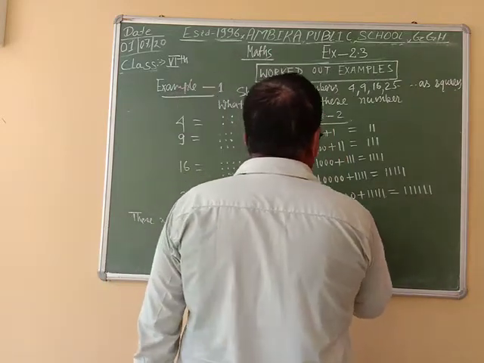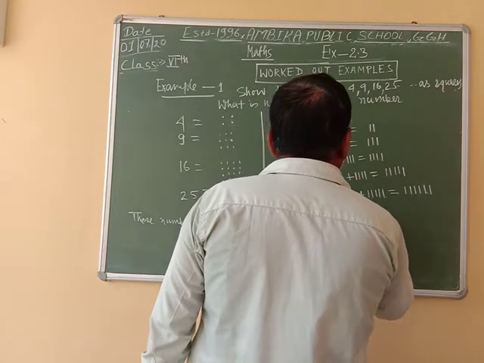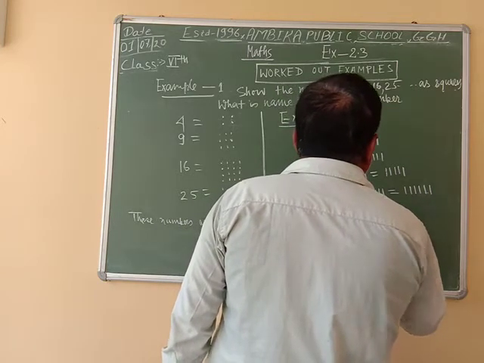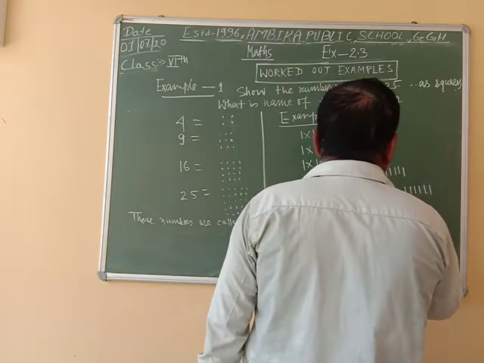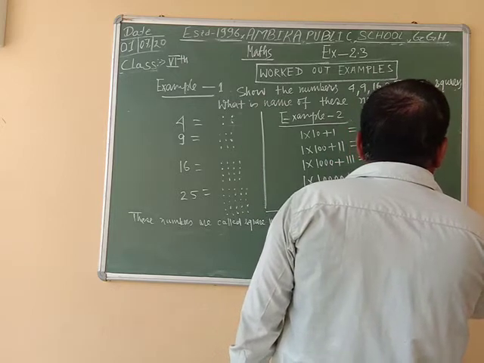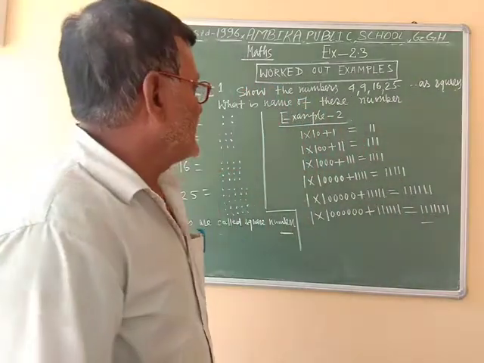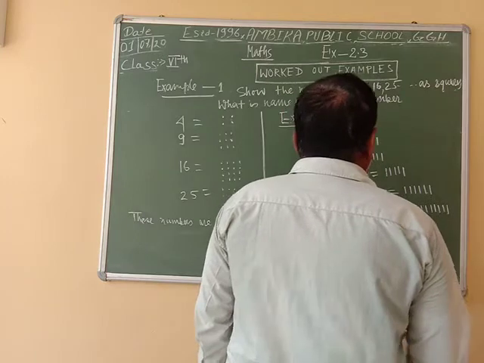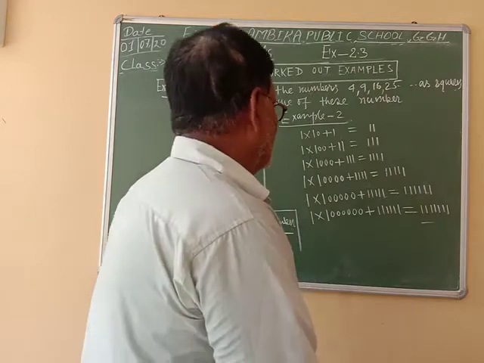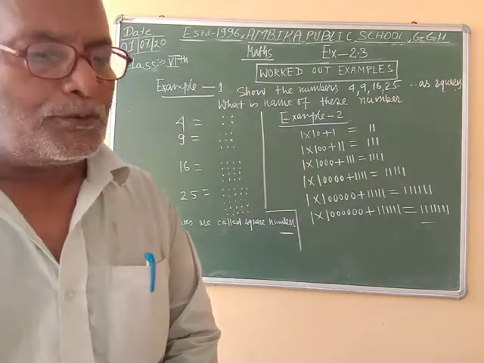And 1 into 10 lakh plus 1 is equal to 1111111. So in this way, you can fill in the blanks with the appropriate digit. According to the pattern, you can solve the problem. Example 2.